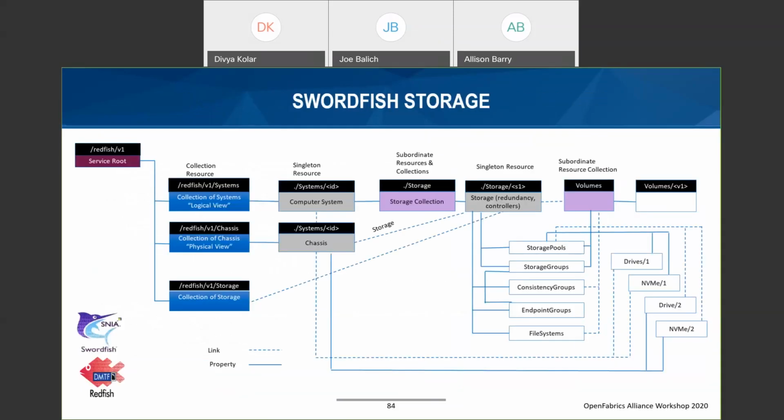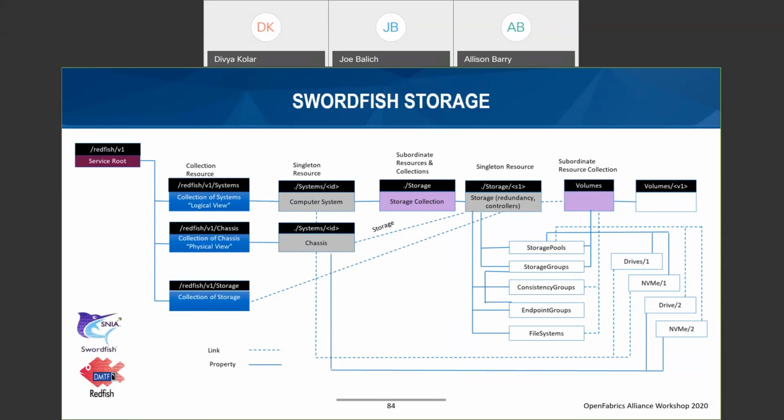Yeah, hello everybody. So the picture on the slide we are seeing is a storage model with Swordfish, and we can see that there are some words saying Redfish, and then there are a lot of storage components here. So like Phil mentioned, Swordfish builds on Redfish.